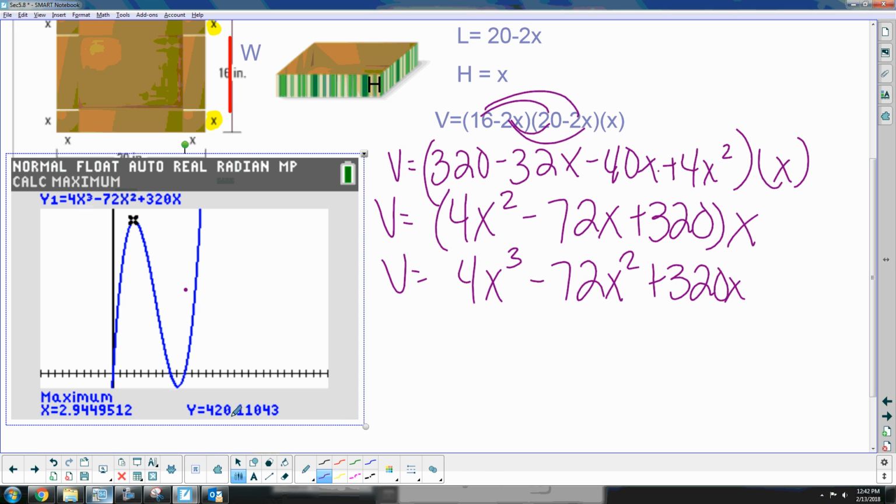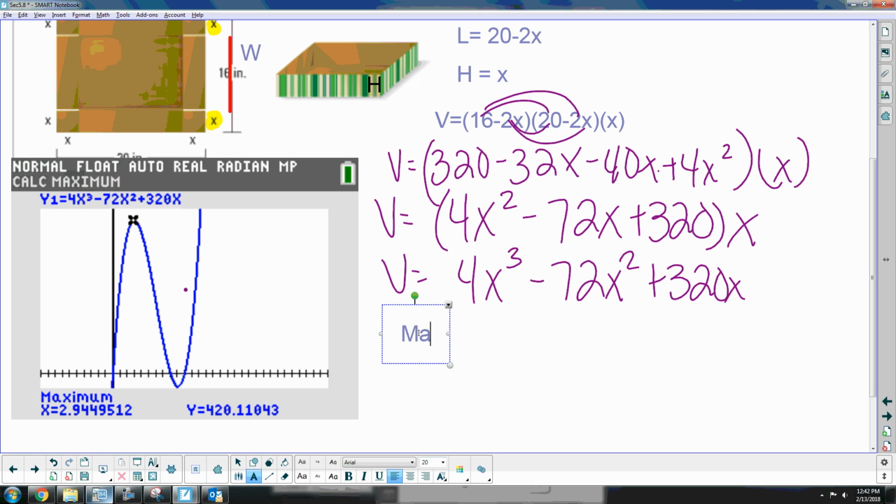My maximum volume is 420.11 cubic inches.